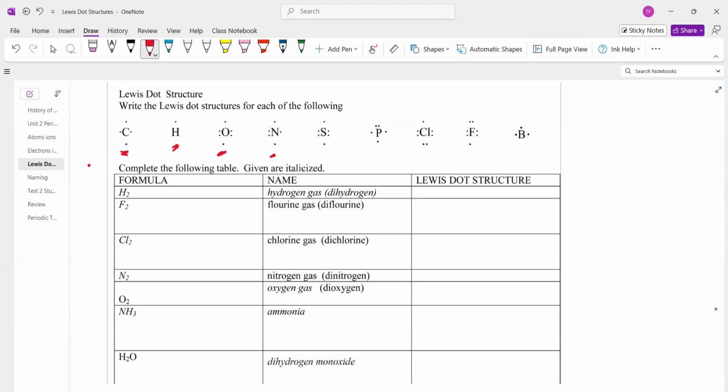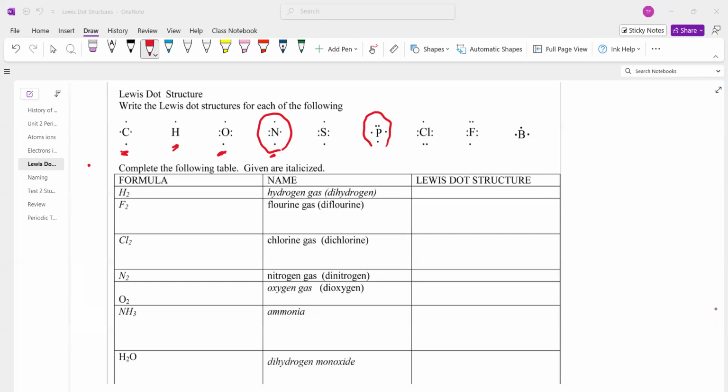So if we look at nitrogen, what is underneath nitrogen? Phosphorus. Sulfur is underneath oxygen. So notice the valence electrons on those two: three singletons and one pair.